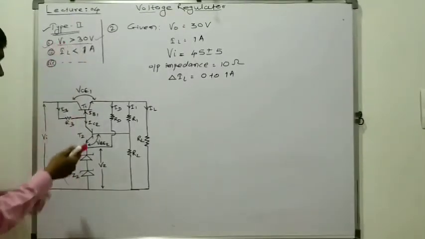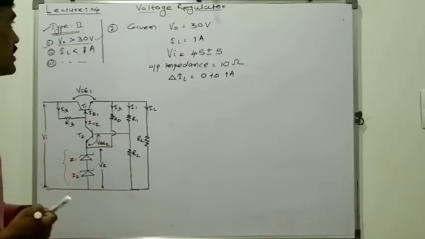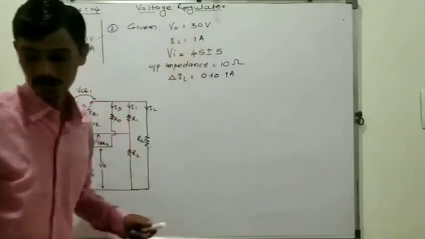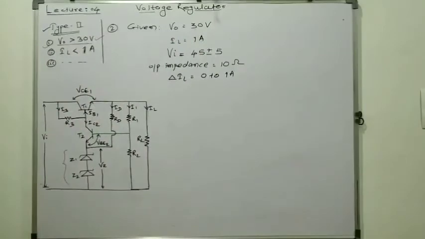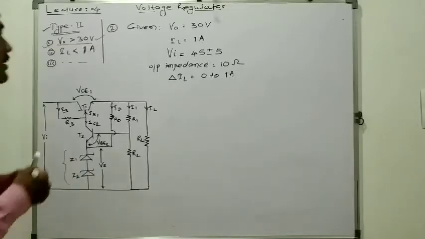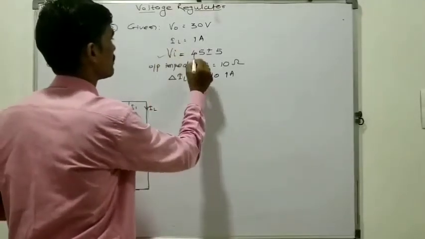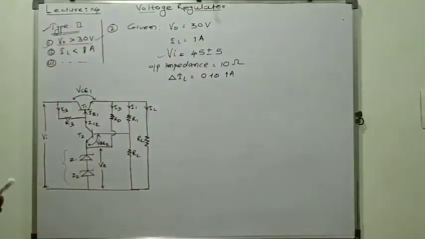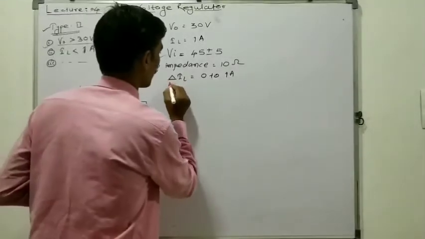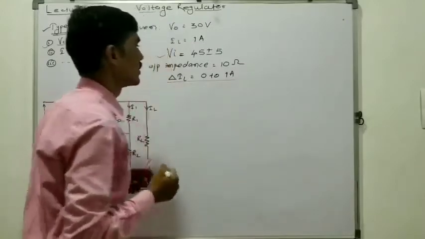So here a problem statement is given. Problem number 2: design a series regulator power supply to provide an output voltage of 30 volt and load current up to 1 ampere. The unregulated power supply has the following specification: VI is given as 45 plus minus 5 volt, output voltage is 30 volt, IL is equal to 1 ampere, output impedance is equal to 10 ohm, and delta IL is equal to 0 to 1 ampere.